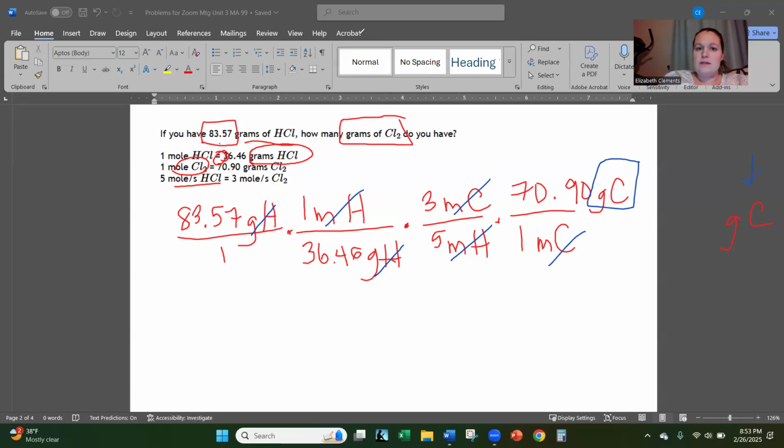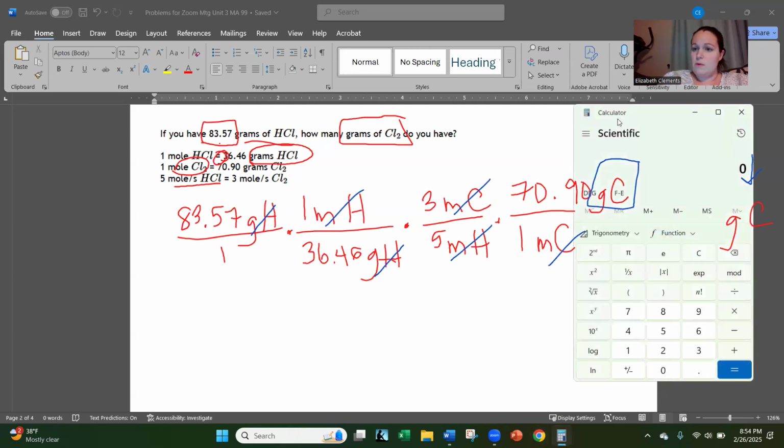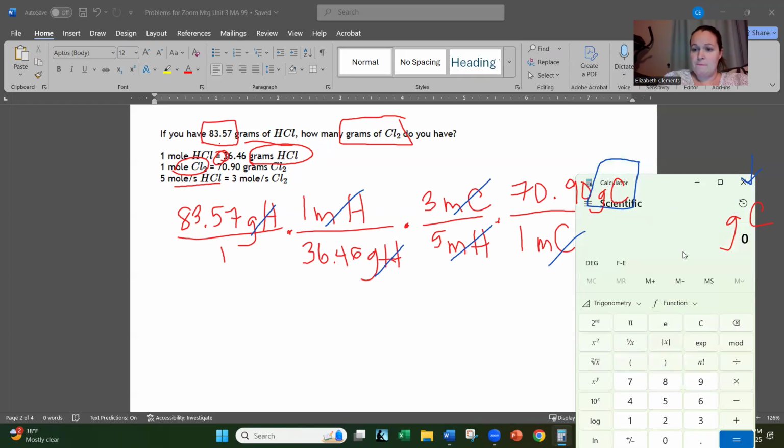When doing this in your calculator, everything in the numerator gets multiplied and everything in the denominator gets divided. You can do all the multiplication at one time and then all the division, or you can do one and then the other. That's fine.